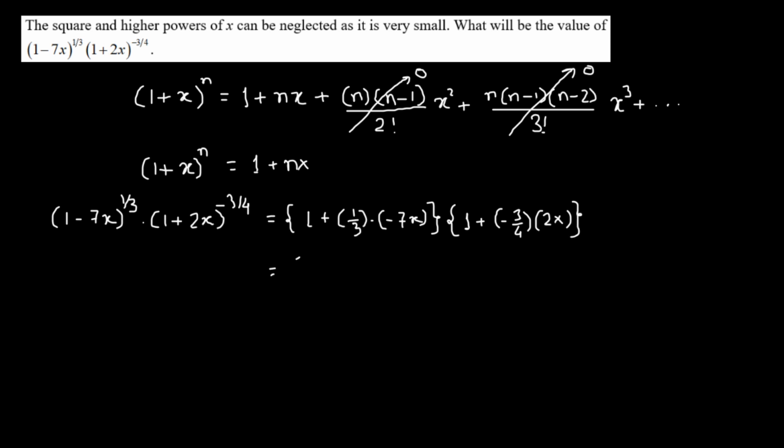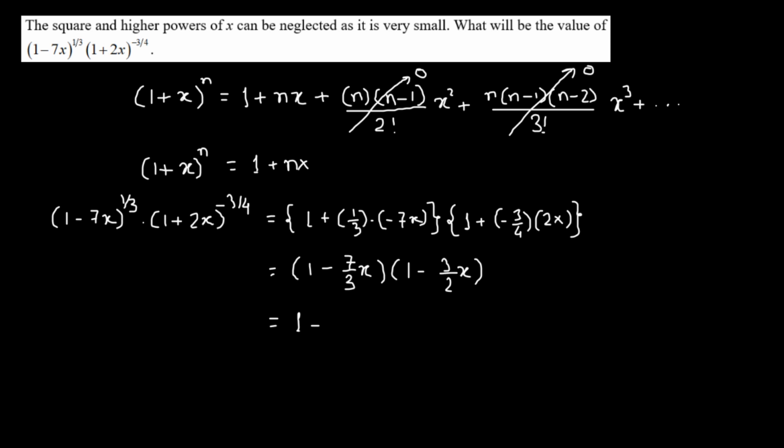So this gives us 1 - 7/3 times x, and the other expression is 1 - 6/4, which in the simplified form is simply 3/2 x. When we multiply the two expressions, we're going to distribute 1 with the second expression.